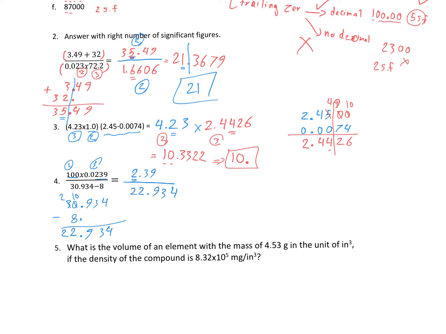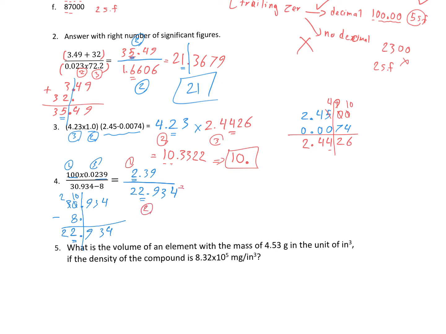What is the last significant figure? So we say smallest number of decimal places, so we have to draw a line here. So therefore this is the last significant figure, okay? So 2 is the last significant figure. And how many sig figs do we have here? We have one significant figure here and two significant figures here.